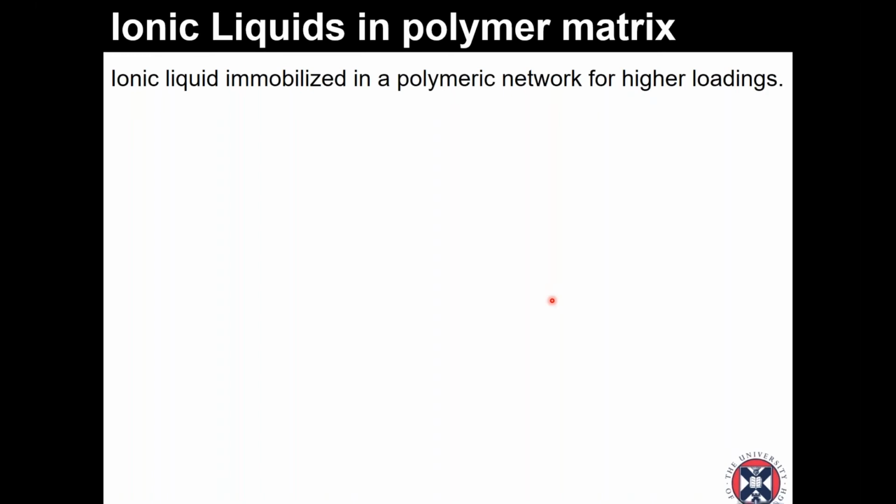And the immobilization of an ionic liquid in a polymer network can achieve, people have reported even loadings of 90% ionic liquids, 10% polymer matrix.